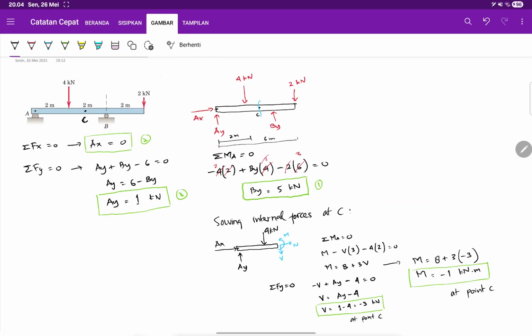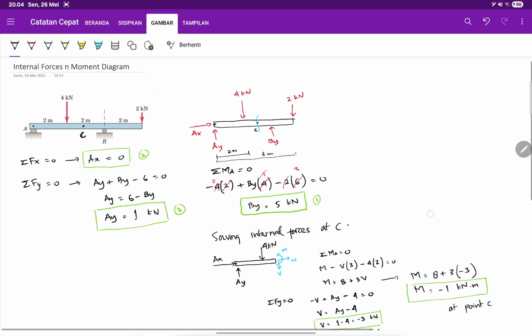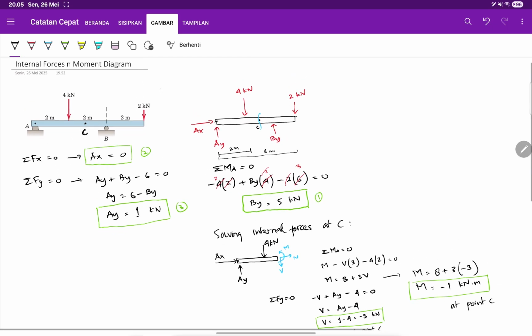Okay, any questions? That's how you find internal forces and moment at a specific location on your beam. You directly make a section at that point. That's quite easy. In the next part of the video, we are going to plot the internal forces along the length of the beam.